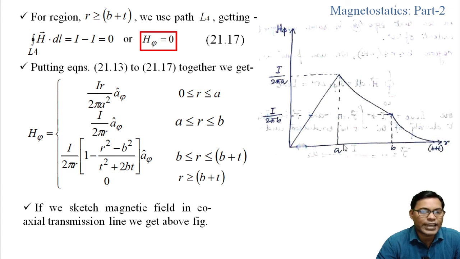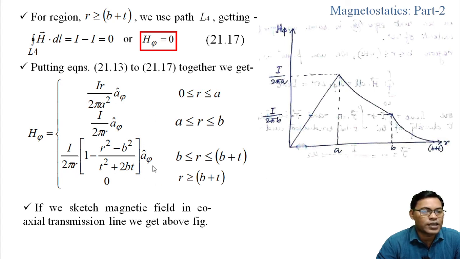Now for the second case from a to b, H varies as 1 by r, so it will decrease up to b, and its value will be I by 2 pi b. When r reaches a, the magnetic field intensity will be I by 2 pi a, because r will cancel with a squared.